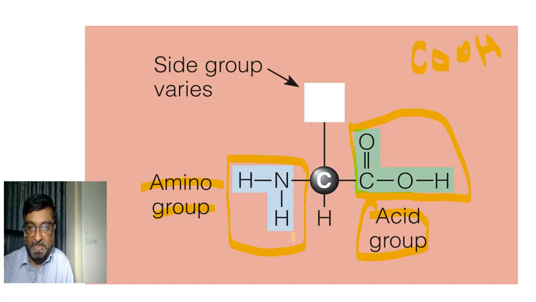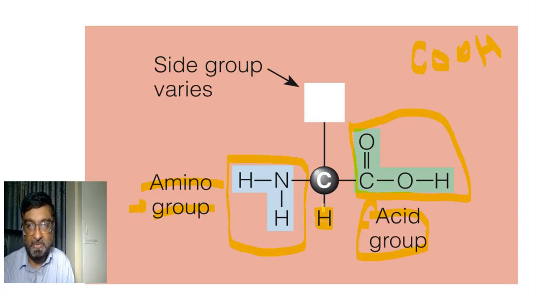And there is a third thing that I have told you. With this carbon, a hydrogen atom is attached. So up to this point, I have told you three things. One is the acid group. The second is the amino group, NH2.